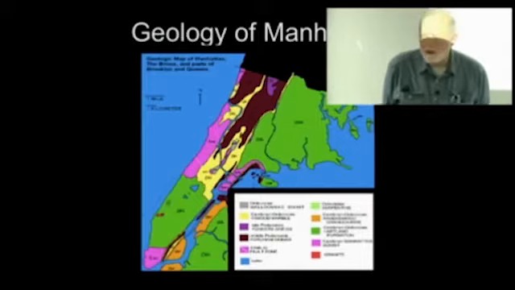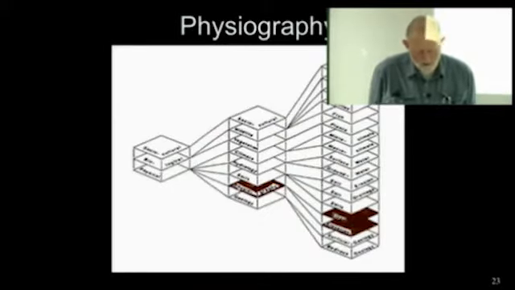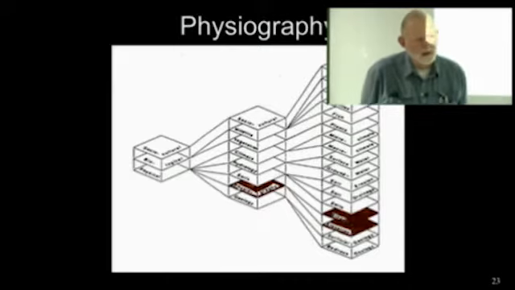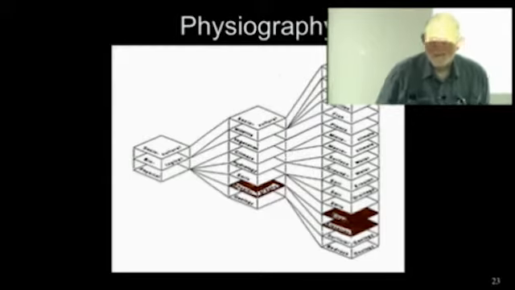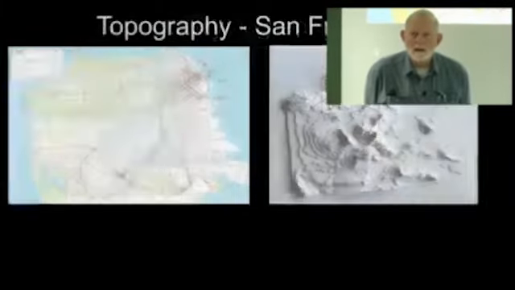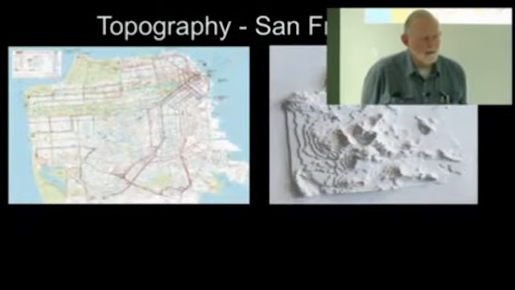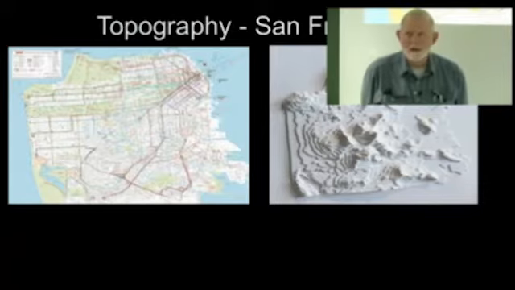The next layer in McHarg's layer cake is topography, or physiography, as he calls it. That refers to the elevation of the land and the shape of the land surface. This is a map of the San Francisco Peninsula, and its topography is dominated by a central ridge that you see in the three-dimensional model, and a series of higher elevations toward the north end of the city.